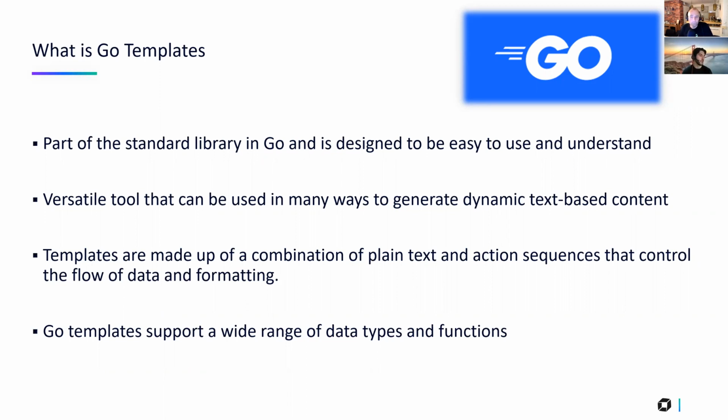There's also the idea of action sequences and controls of the actual formatting via Go templates, like those if statements and those ranges. There's quite a lot of use cases that I will show today, and I'm sure there's a lot more that I'm not going to cover today.